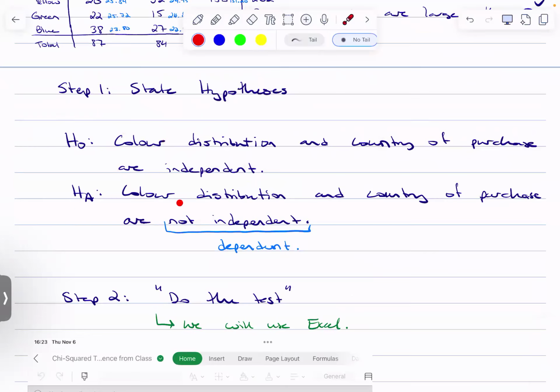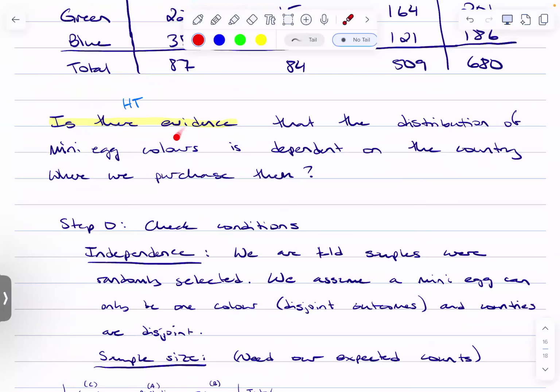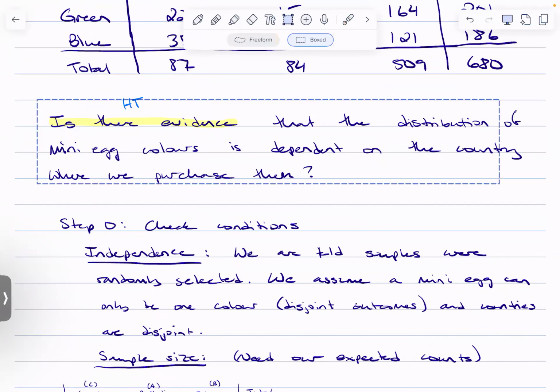So then the color distribution and country of purchase are dependent, right? You can use the alternative hypothesis that we wrote, or if you prefer to just rephrase the question as an answer, that's an option as well. There is evidence that the distribution of mini egg colors is dependent on the country where we purchase them, period.